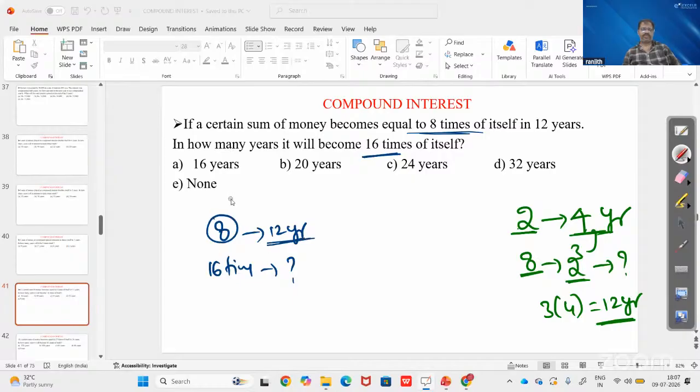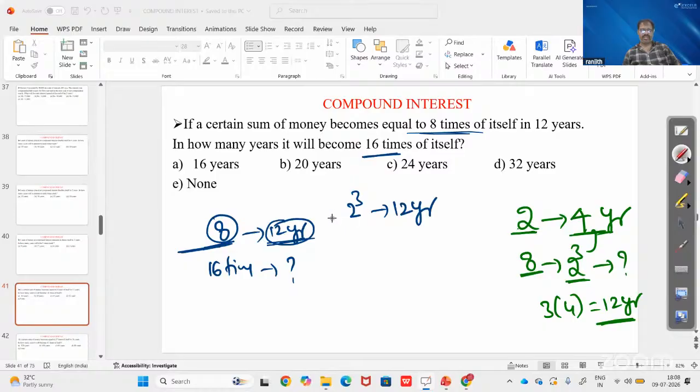Next we need to find out how we are getting 8 in 12 years. Initially it may be double or thrice. By using 8 we can't go with thrice. So 8 can be written in the form of 2 cube. 2 cube equal to 12 years.